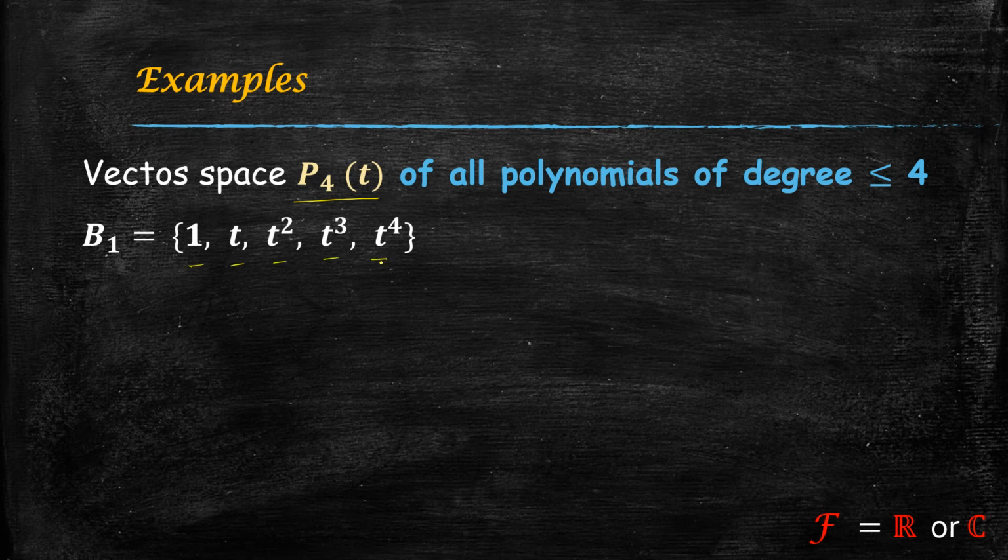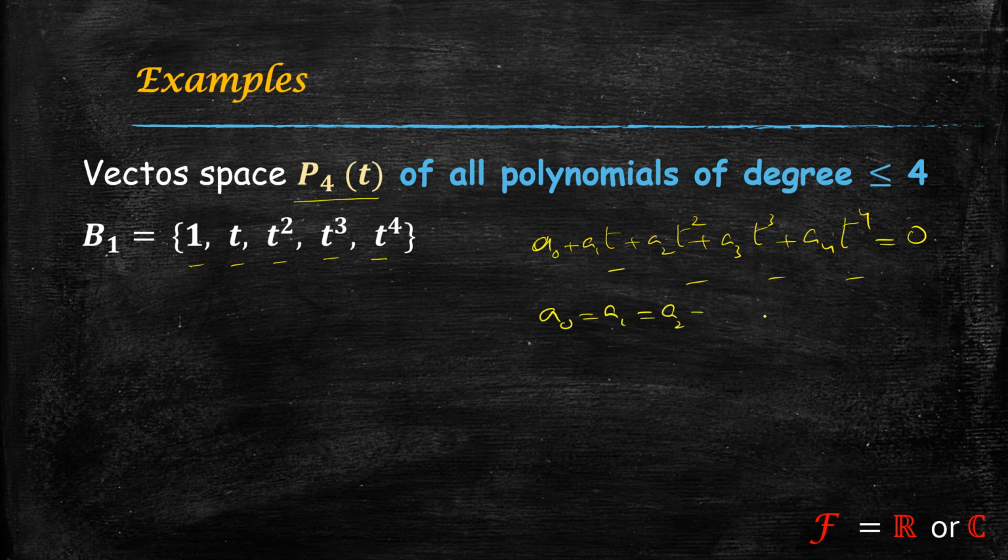It is linearly independent. How? Take a linear combination. Here the linear combination will be a0 plus a1t plus a2t square plus a3t cube plus a4t to the power 4. Put it equal to 0. Compare the coefficients of t, t square, t cube and t to the power 4. You can see here that a0, a1, a2 and so on are all 0.